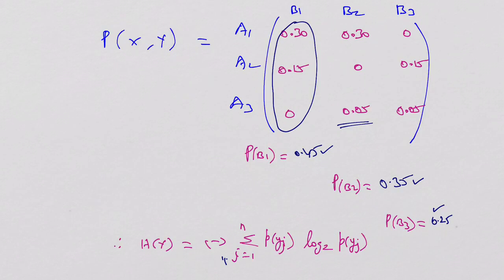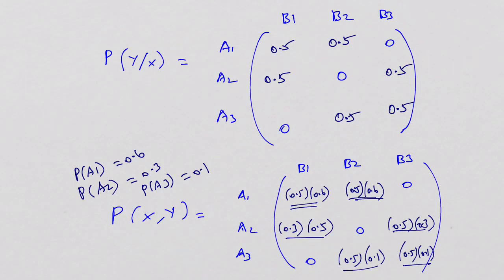How did we compute? You can see this joint matrix has 0.3, 0.3, 0.15, 0.15, 0.05, 0.05. Similarly, in the transition matrix you can see 0.5 six times. Each value of the transition matrix is put inside the logarithm, and the joint probability values accompany them as coefficients.